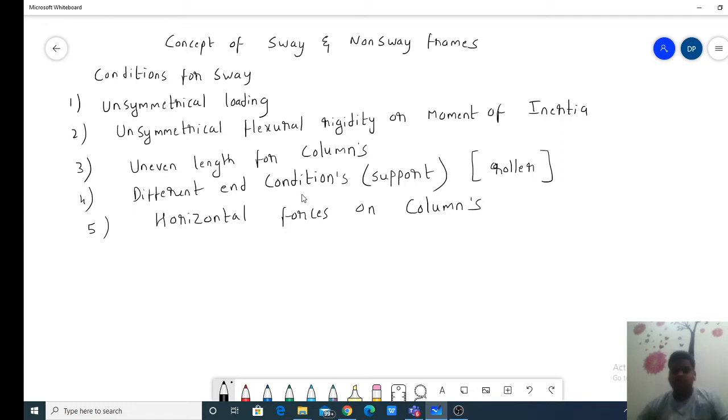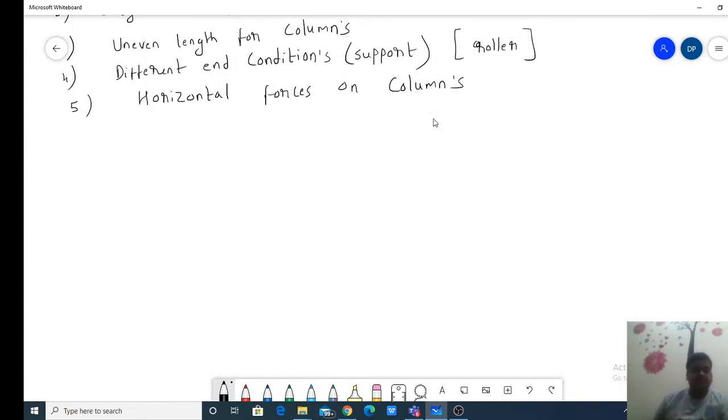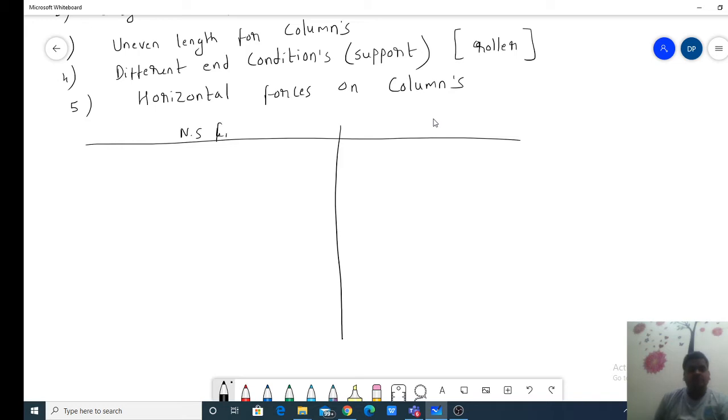Now I will give a brief idea regarding the various types, that is non-sway frames and sway frames. So when do we say it is a non-sway frame and when a sway frame? One by one I am taking examples.